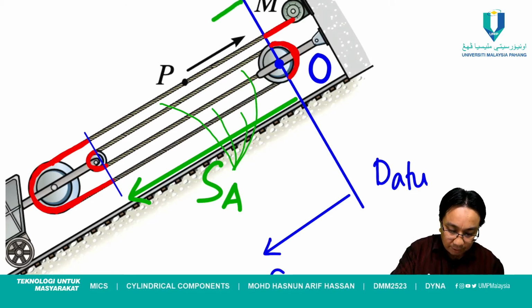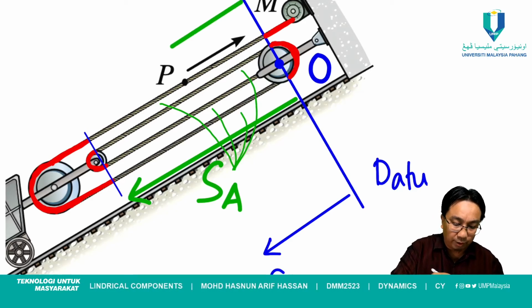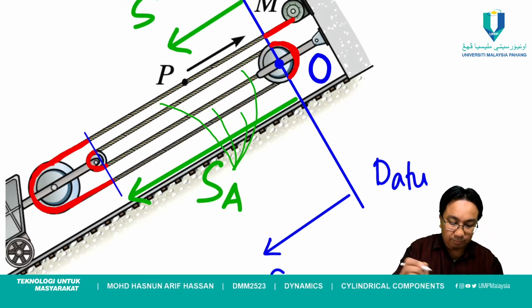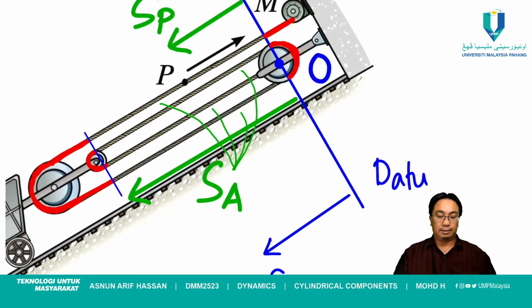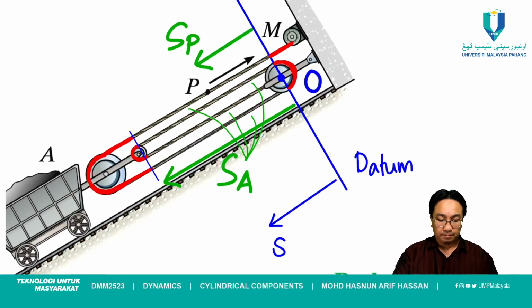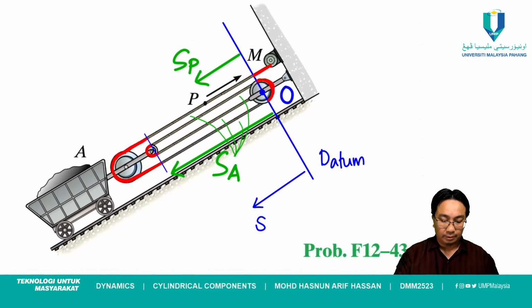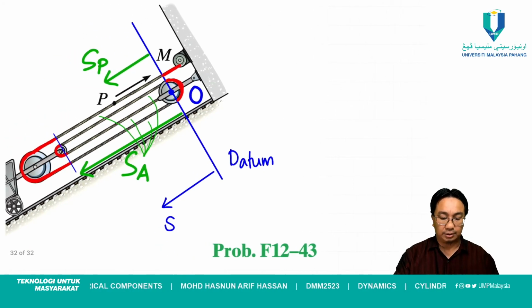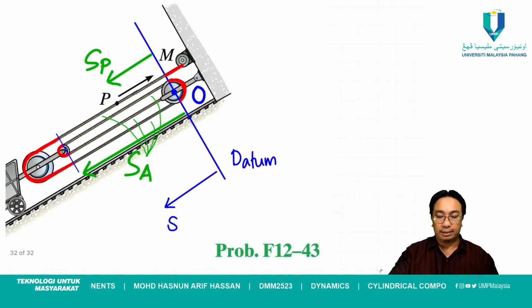So daripada sini sehingga ke point P, this will be SP. Okay. So sekarang, macam mana kita nak tulis relationship untuk LT, total length?